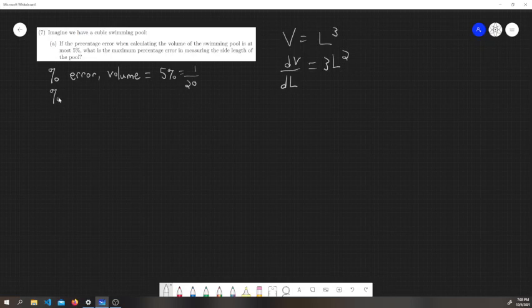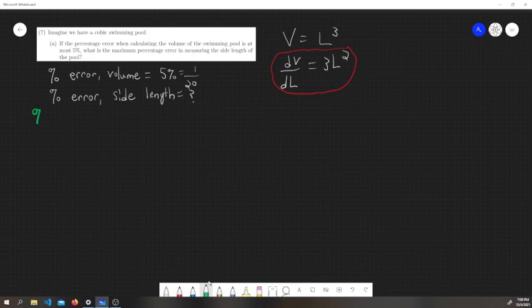And then we are asked for the percent error in the side length. Okay, so we have this expression right here. First off, we have to figure out what exactly is here. Let's do that in green.